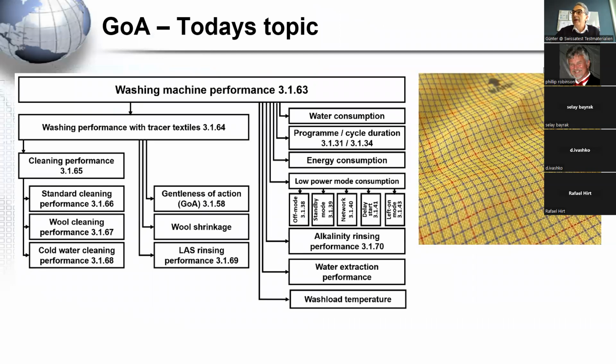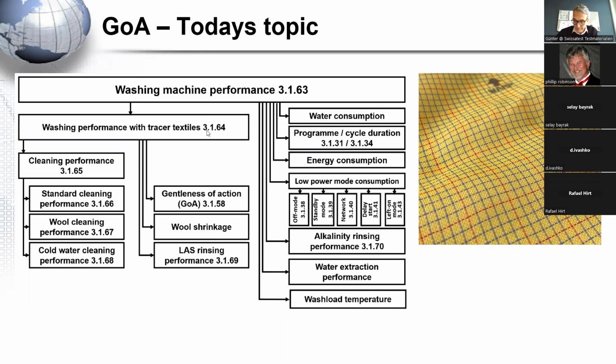So, coming to our topic today, the Gentleness of Action testing. I took this nice overview. I have seen this in several webinars before, and I think it's really a good overview.